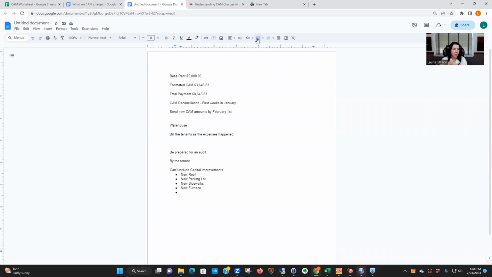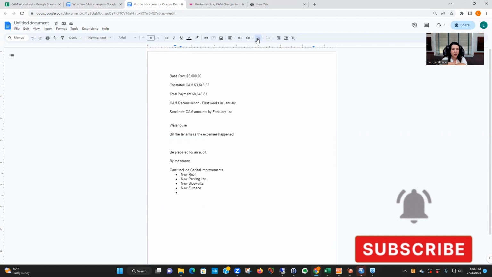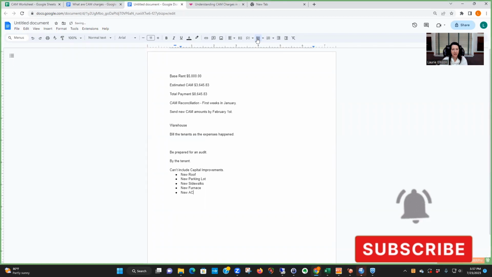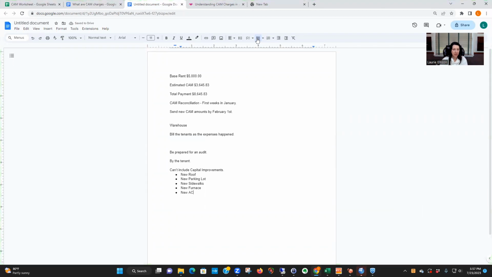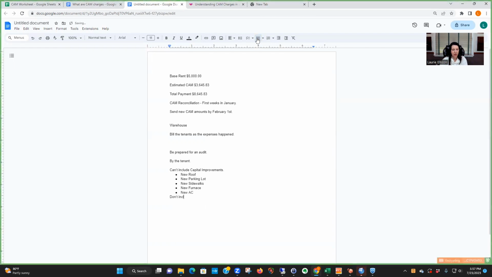So you've got to work closely with the accountant to make sure your depreciation is following the new codes. But remember, these things, new roof, new parking lot, new sidewalks, new furnace, new AC, lots of them if it's a big building, are all capital improvements. You cannot include these in your CAM. Okay?